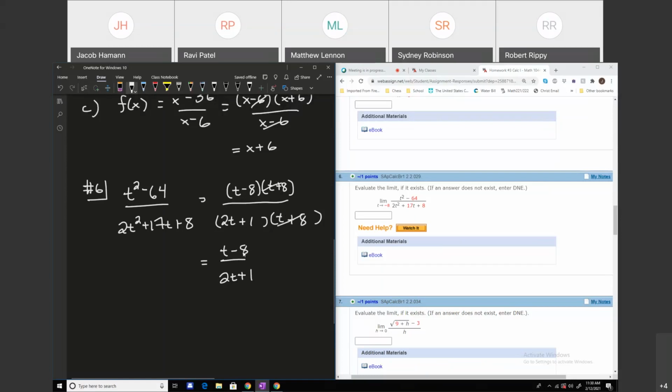So then the limit as t goes to minus 8, we get minus 8 over 2 times minus 8 plus 1, which is minus 16 over minus 15, which should just come out to 16 over 15.